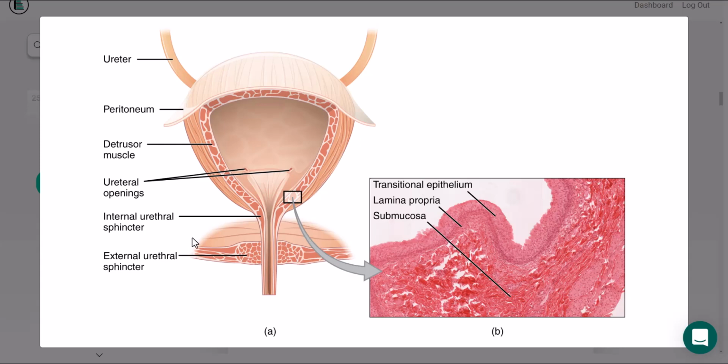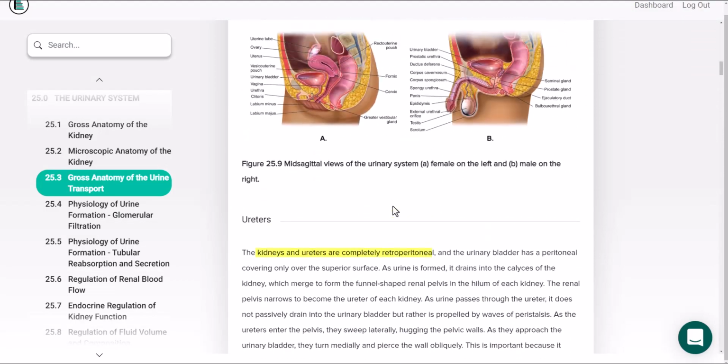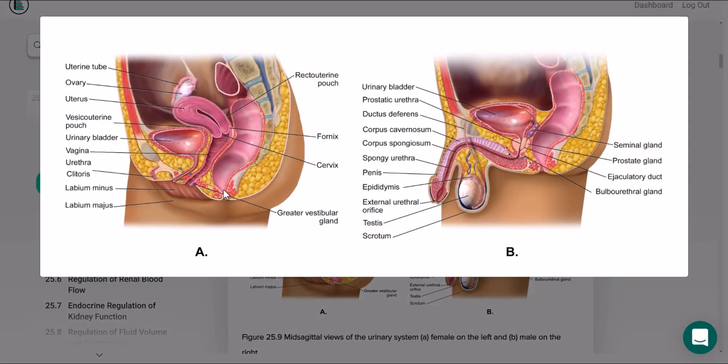So let's go back up for a moment and take a look at the male and female images. You can see that there is a wall of muscle right here. Here's the anus, here is the bladder, here is the urethra, and right here is where the external urethral sphincter would be.